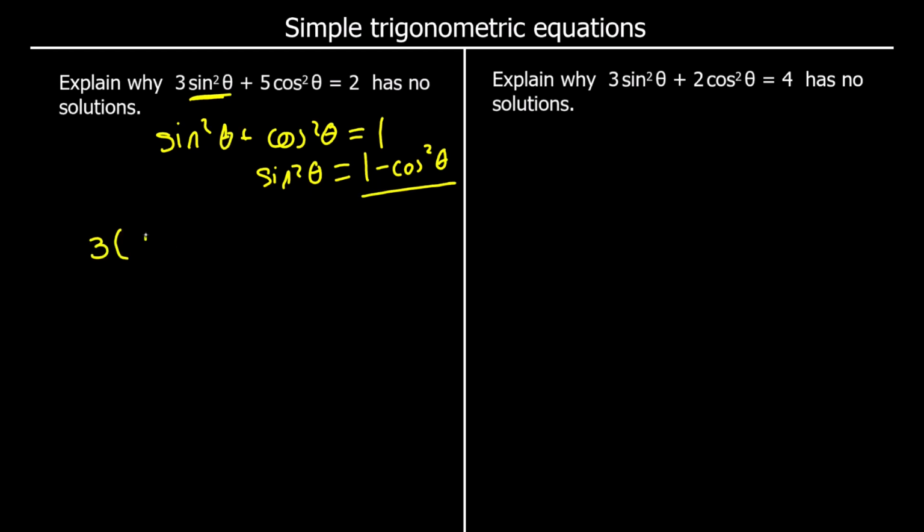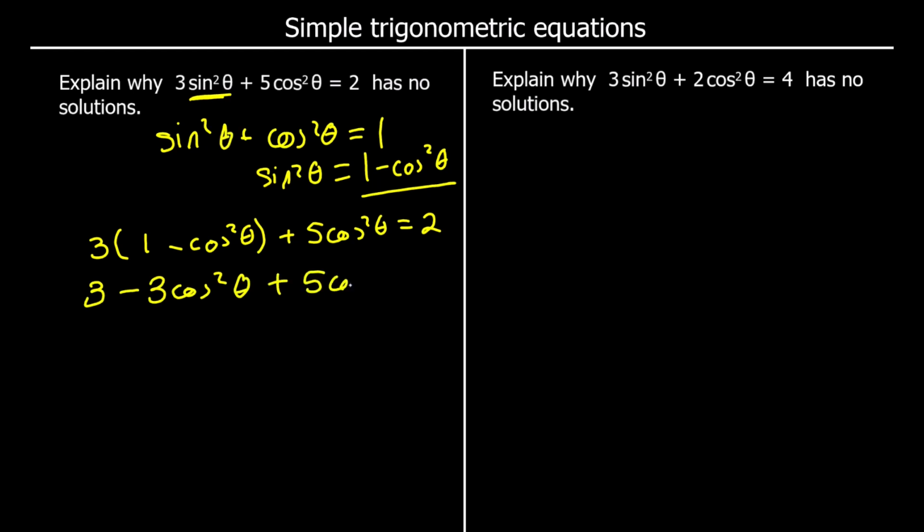I'm going to change sine squared theta into 1 minus cos squared theta. So 3 times 1 minus cos squared theta plus 5 cos squared theta equals 2. Expand the brackets. 3 minus 3 cos squared theta plus 5 cos squared theta equals 2.